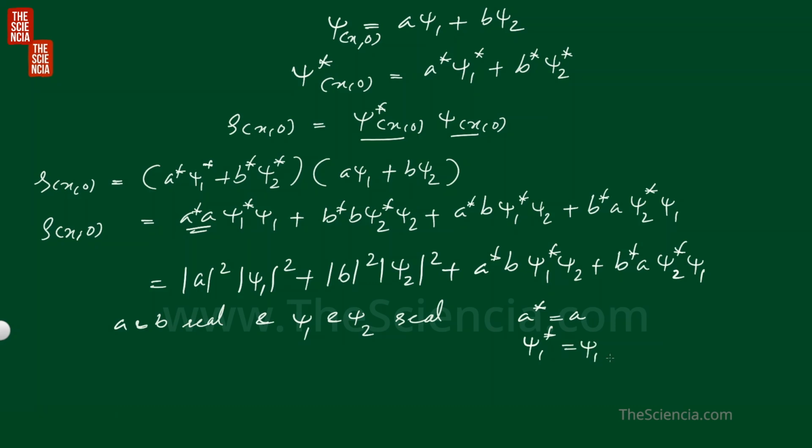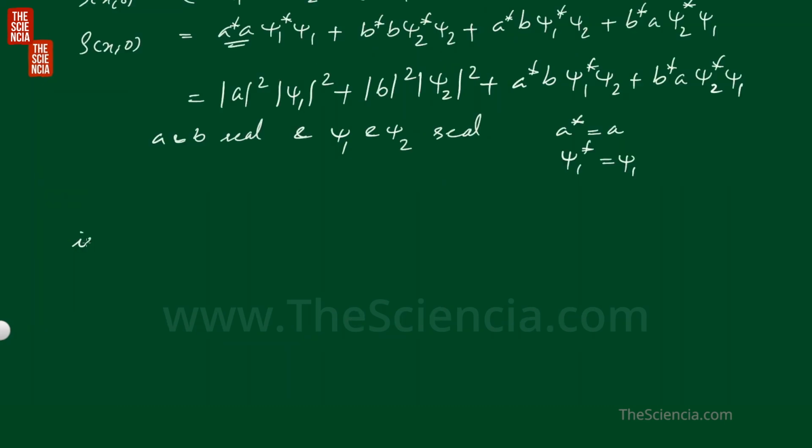There are no complex terms in A and the psi. Okay, so this equation will reduce to the following form, that is rho of x0 is equal to A square psi 1 square plus B square psi 2 square plus 2AB psi 1 psi 2.